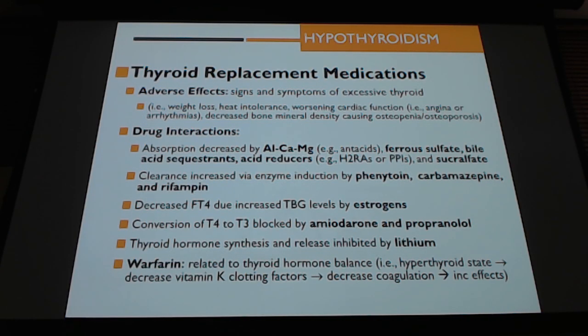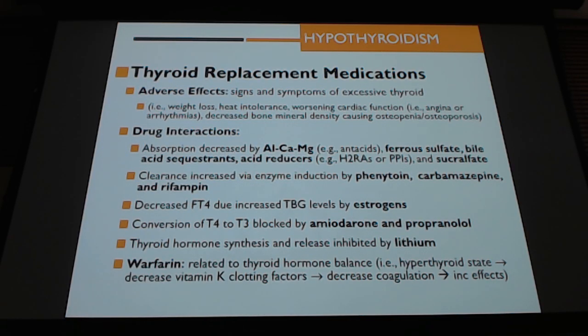My interactions, I have a lot of interactions when I'm talking about our Synthroid medication. So when you're looking at this, just make sure that you're looking at the ones that are in bold. So again, whenever you're talking about iron and acids, they can interfere with the absorption of some of our medications. There are very few where this doesn't matter.